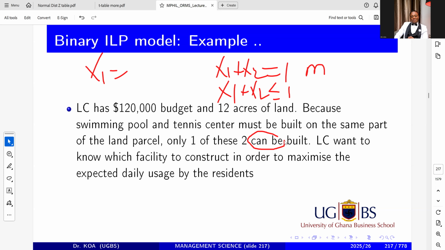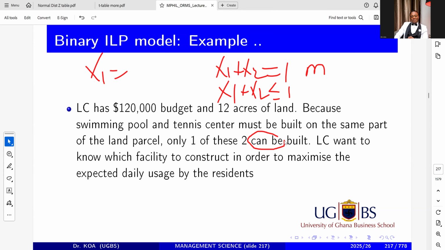And that means that if one is 1, then the other must be what? 0. But when you compare that with the one below, the less than or equal to, what it says is that if one is 0, the other can be 1. But also if one is 0, the other can also be 0.